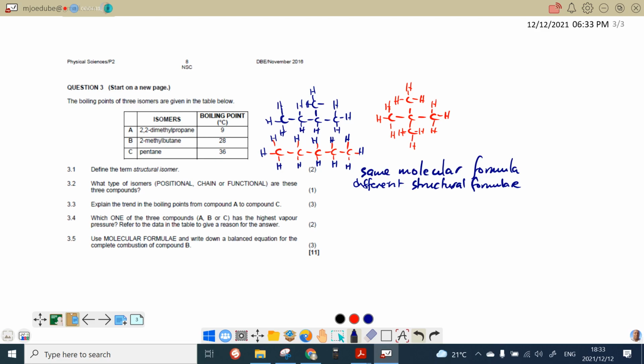And then 3.3, it says explain the trend in the boiling points from compound A to compound C. So what is the trend? The first thing that you're going to observe is that from A to C, there's an increase in the boiling points of the substances. That's the observation.